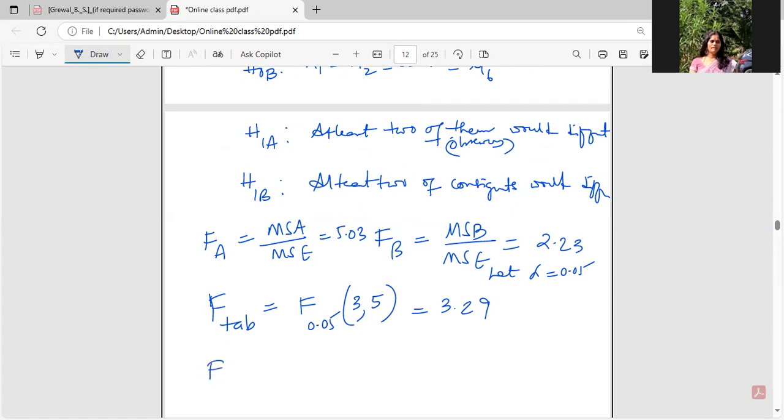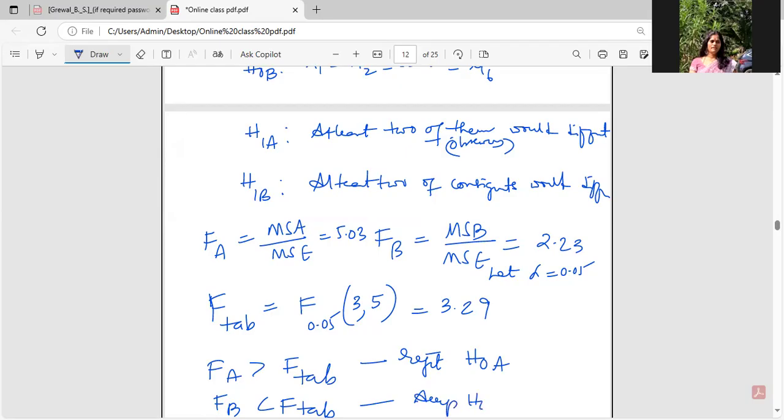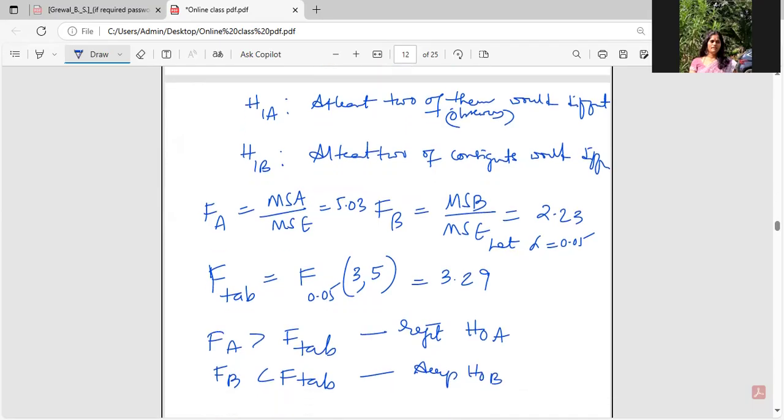If I see FA is greater than F tab, so I will reject H0A. FB is less than F tab, so accept H0B. That's how I will conclude.